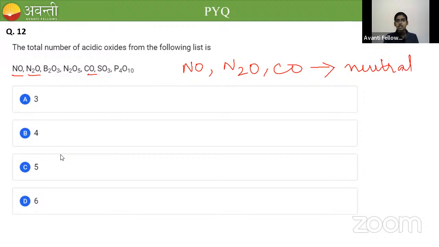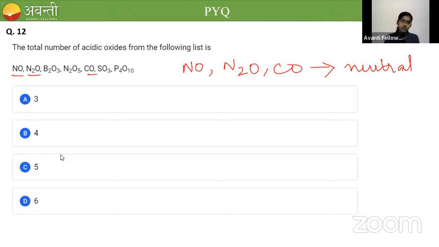So how do we know that they are neutral? This concept is related to the periodic classification of elements lesson from your class 11. In the last topic of that lesson you can find this. These three were given under the neutral oxides.